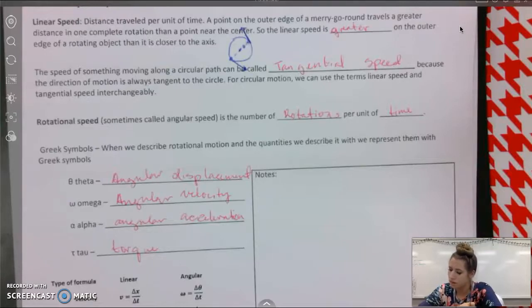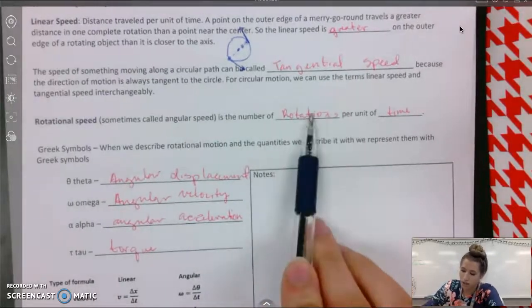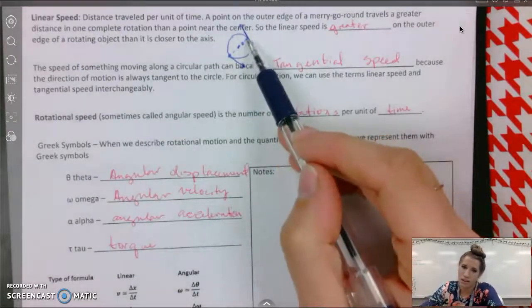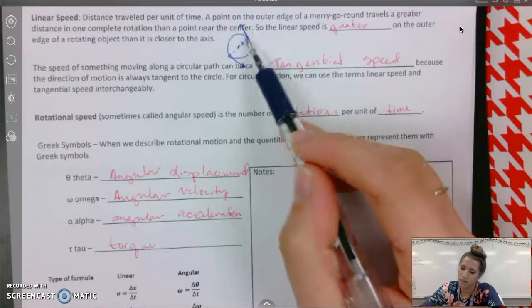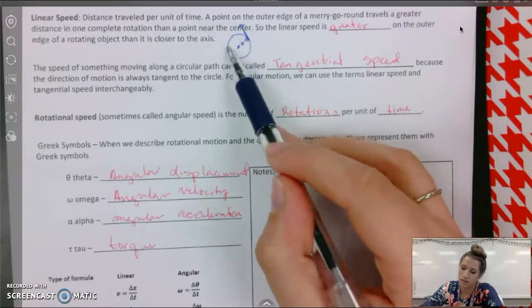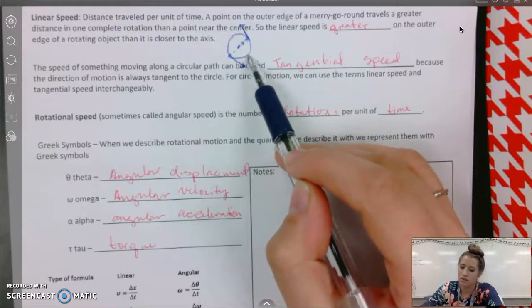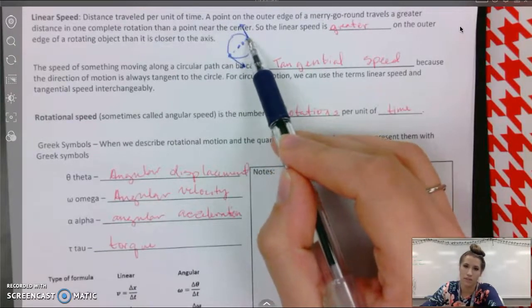Okay. Rotational speed. Now, rotational speed is different. Rotational speed is the number of rotations per unit of time. Okay? So we said that in 1 second, this person is going this far, right? And so it takes 2 seconds for there to be a full rotation.